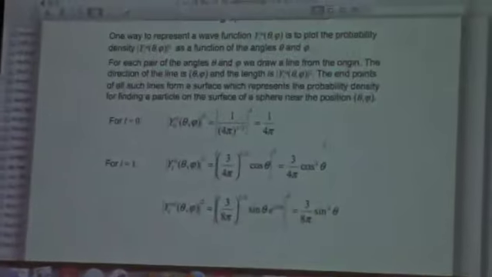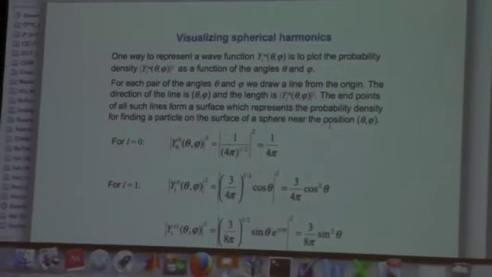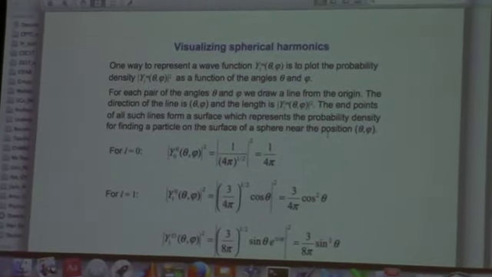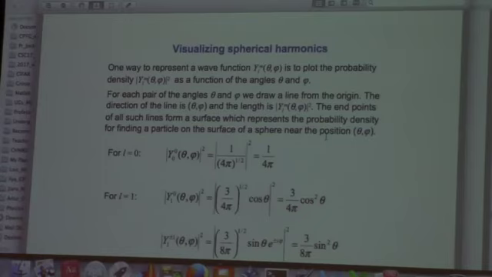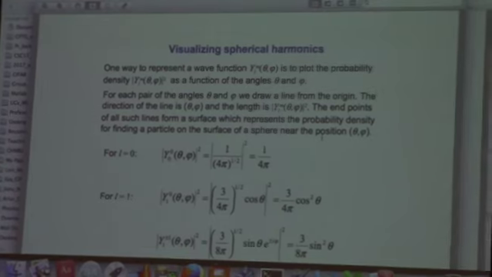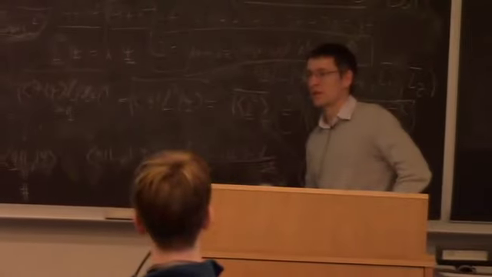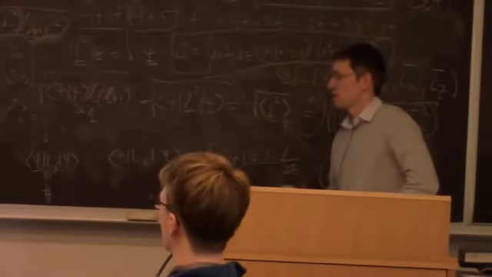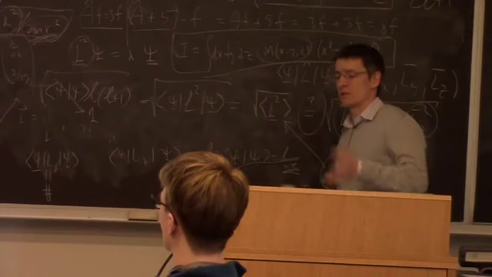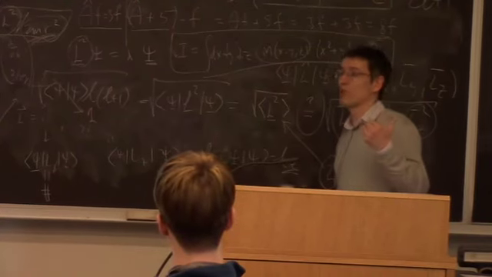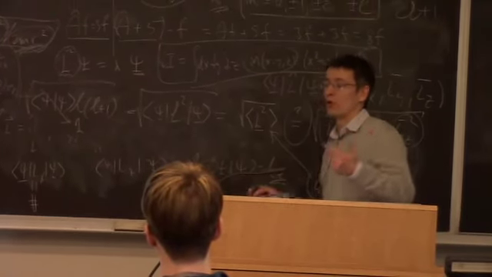Now, for the visualization of spherical harmonics, we have 2 angles. How do we visualize these functions? What usually is done is we take points on the surface that have the same value of the function, so isosurfaces. Like in the lab, you probably already plotted the orbitals, right? So the orbitals are plotted in the same way. If you have 3 coordinates x, y, z, and you also need a coordinate for the function, how do you do the plotting?